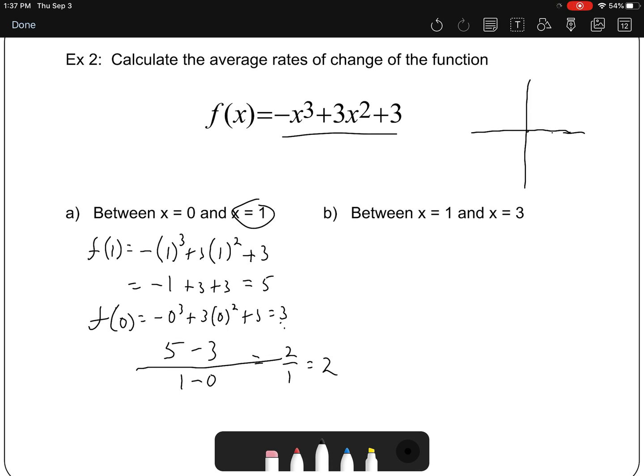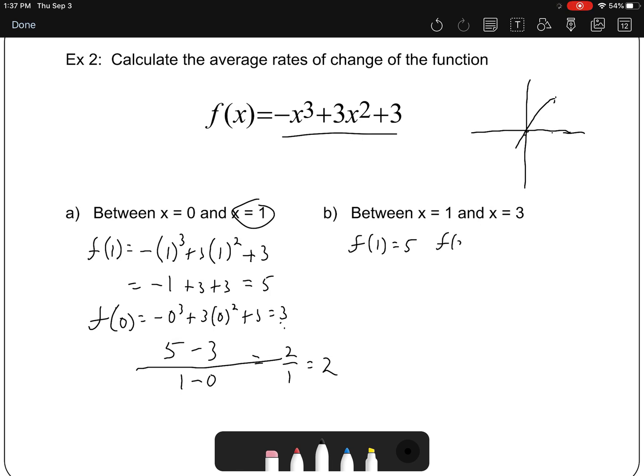So between 0 and 1, our equation has a slope of 2. So it's going up from 0 to 1, something like that, with a slope of 2. 2 over 1, rise over run.